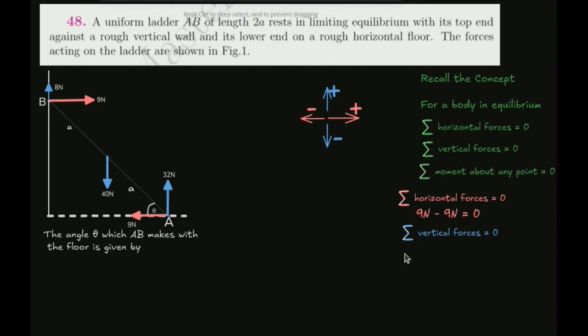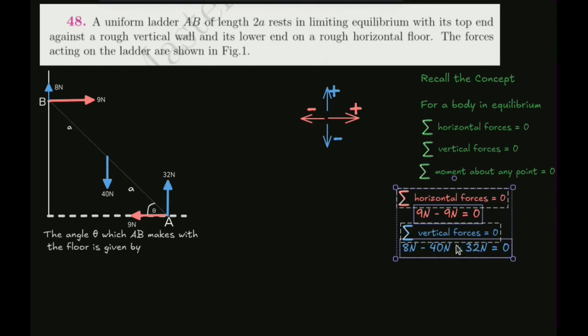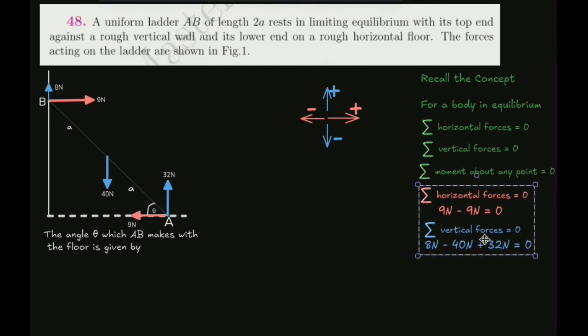Our first force, 8 Newton, should be positive, the second force, 40 Newton, should be negative, then our last force, 32 Newton, is also positive, and the sum of these forces should give us 0. So our second condition is satisfied.